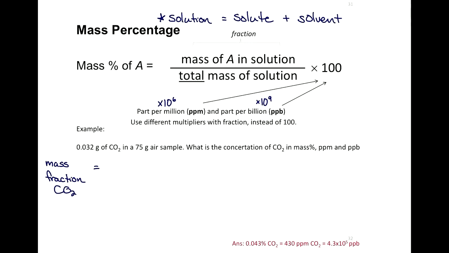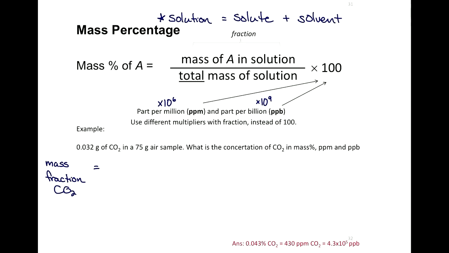concentrations. So the first one we'll look at is mass percentage. And so I have starred up in the corner there an important idea that's going to come up and something you should be aware of when doing these calculations. When I talk about a solution, I'm referring to both the solute and solvent that I'm combining.